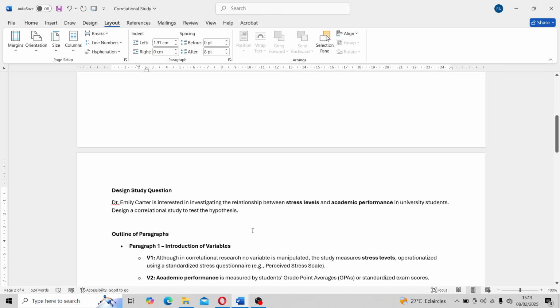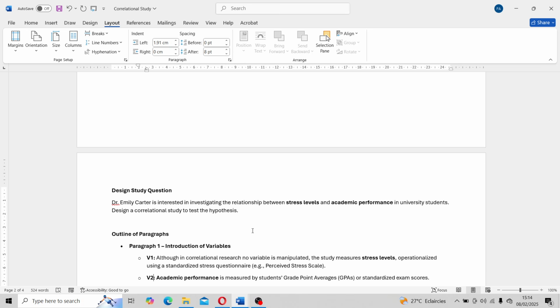All right, so this is a correlational study, and it is very different from an experiment. Reason being that in an experiment you manipulate the IV and you try to see how much that can affect the DV. You manipulate the IV and you try to affect the DV with that.